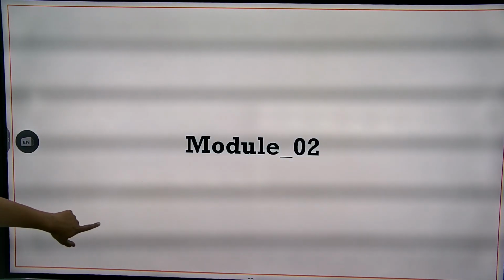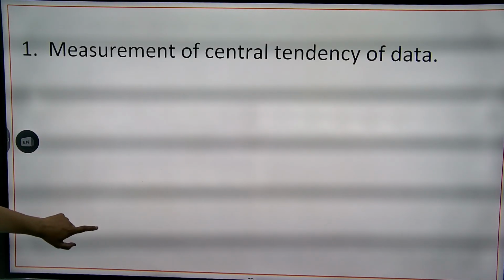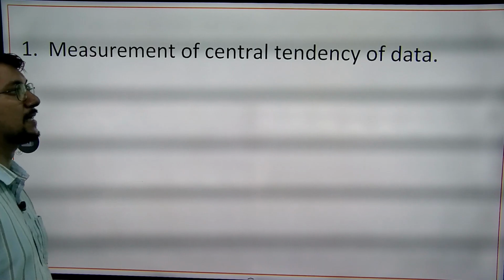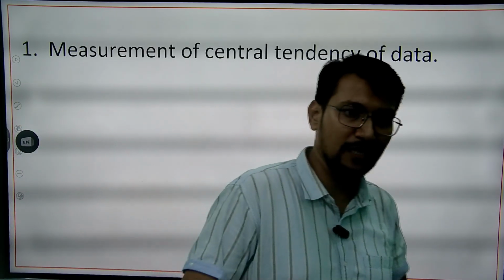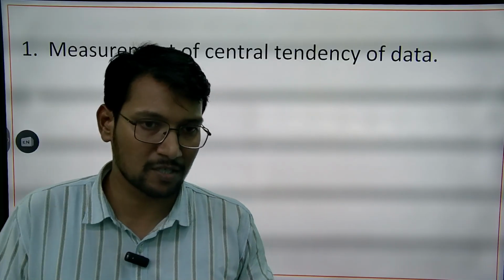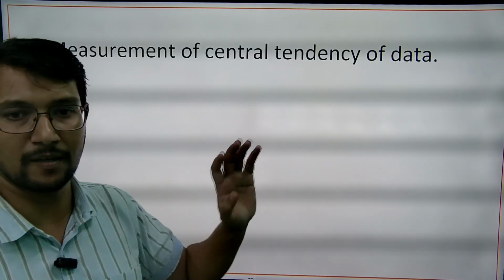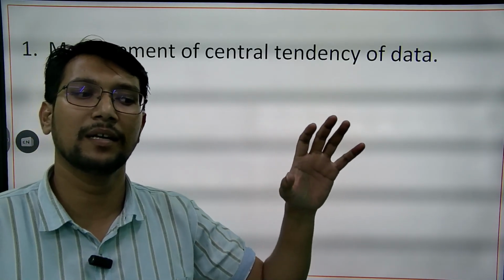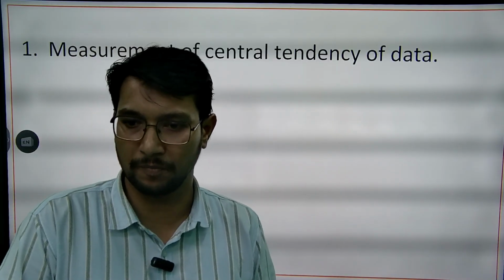Okay, moving to measures of central tendency of data. Actually, this is a class 10 topic. Whatever I have discussed with you right now is all a class 9 topic.